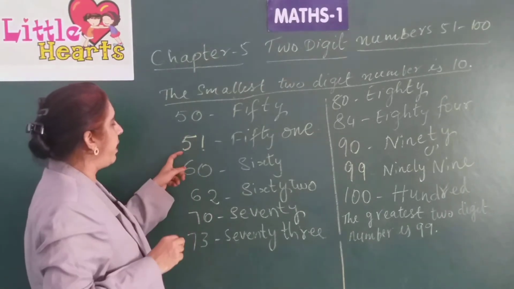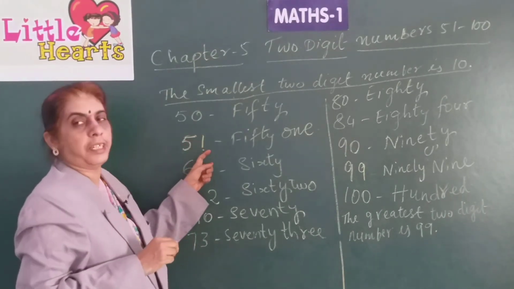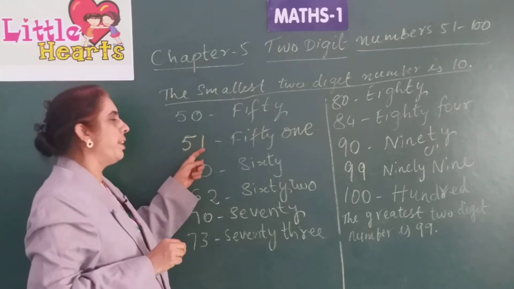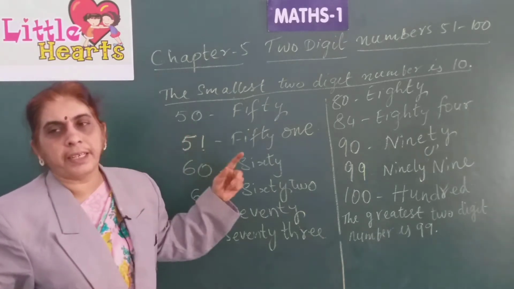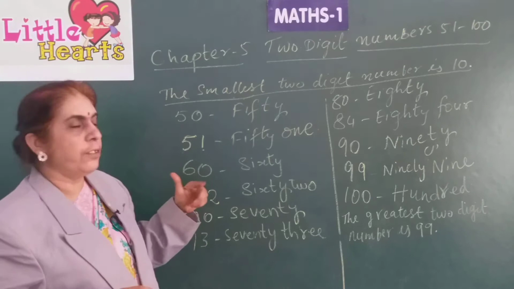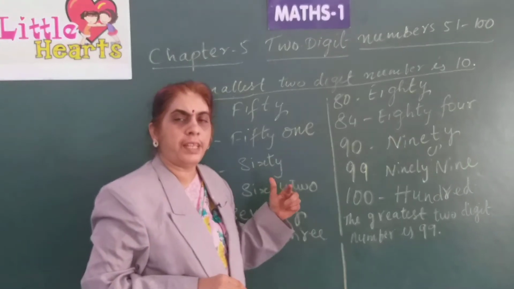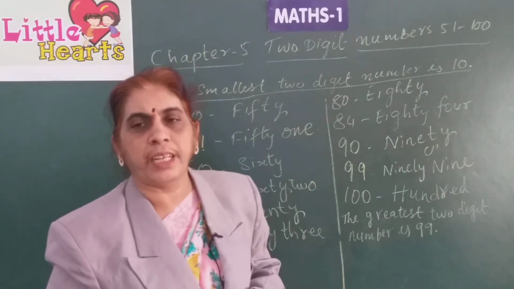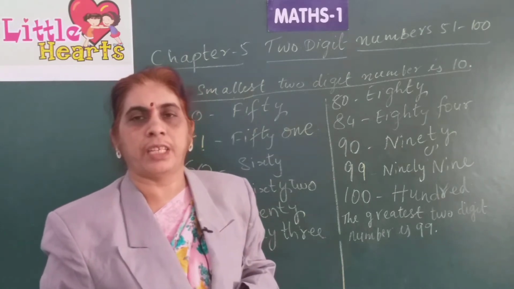Keeping 5 in the tens, you can keep on changing the digits from 1 to 9 in the ones place, and you can write the number names. Can you tell me the spelling of 59? FIFTY NINE.